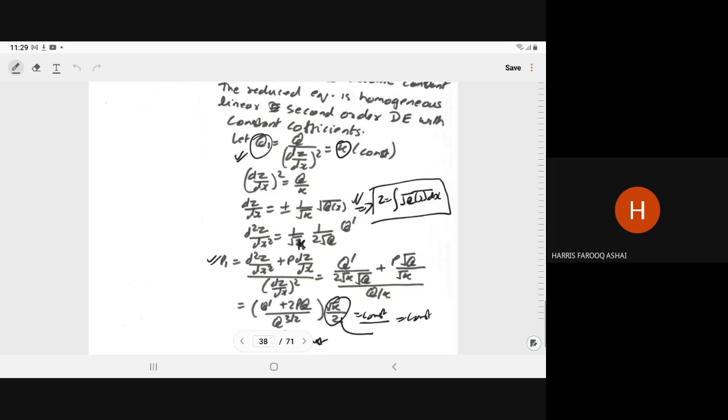So either you check d2z upon dx2 plus p into dz by dx upon dz by dx whole square, or you check q dash plus 2pq upon q to power 3 by 2. Both are the same. So in the book they have directly given this as a constant, right? So you can check either.